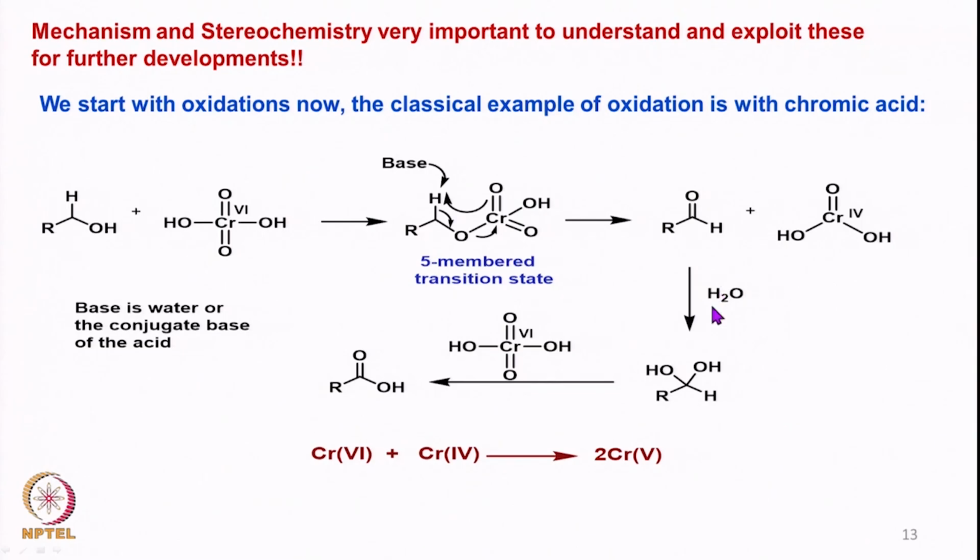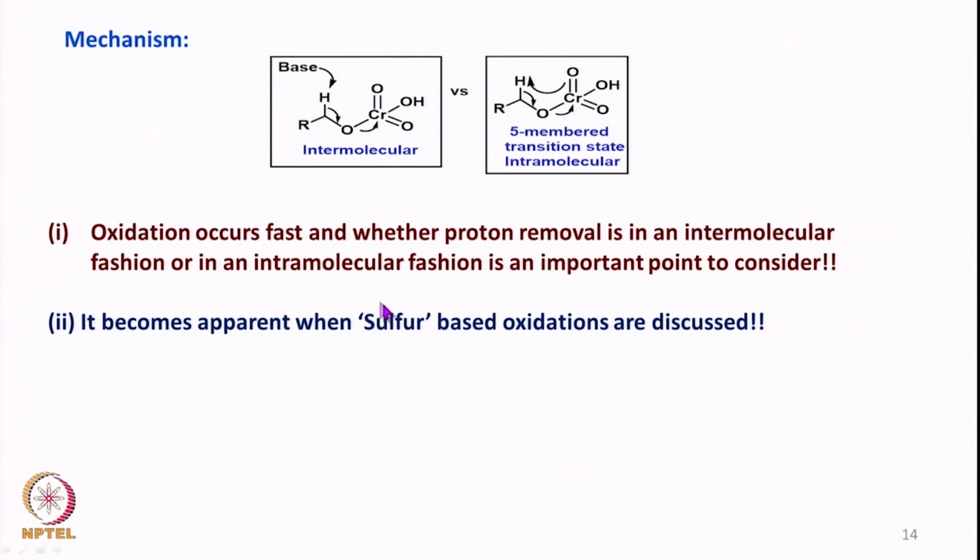If this aldehyde reacts with water, then you get this geminal diol, which then can undergo oxidation to form the corresponding carboxylic acid. Of course, the chromium 4 and chromium 6 species can combine to form chromium 5 species.